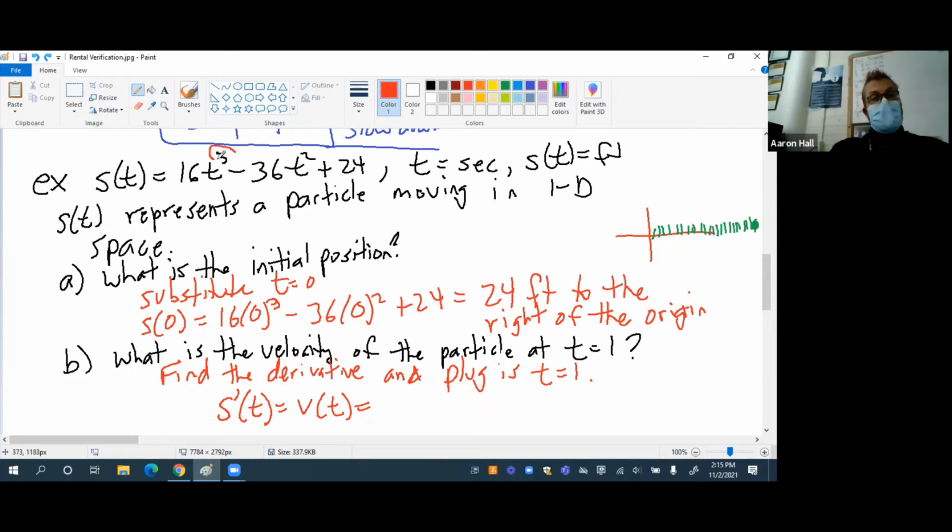Don't we multiply our coefficient by the exponent? Okay, does that give us 48? And then what do we do with the exponent? Don't we subtract 1? So 3 minus 1 would give us 2.